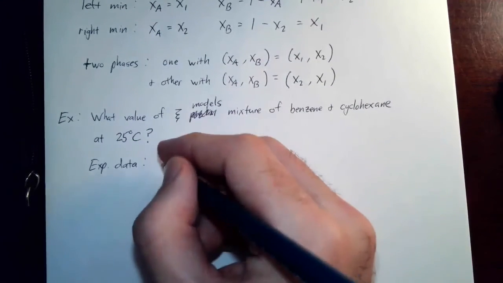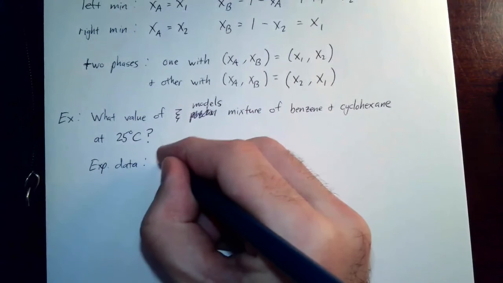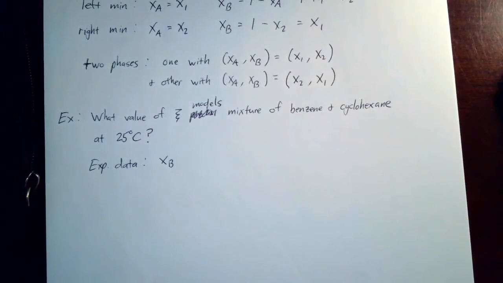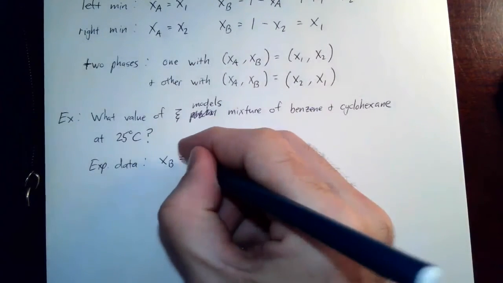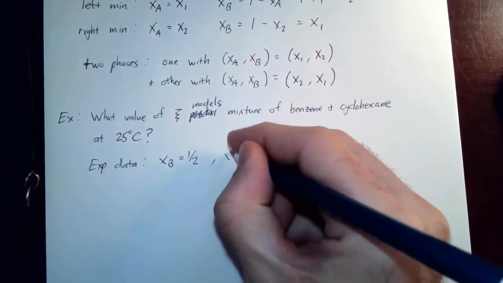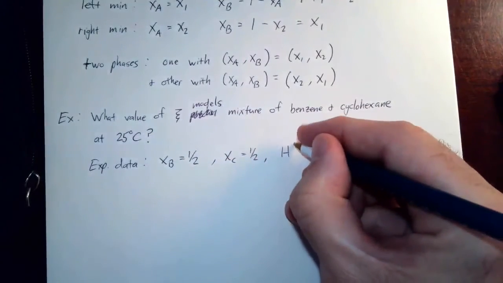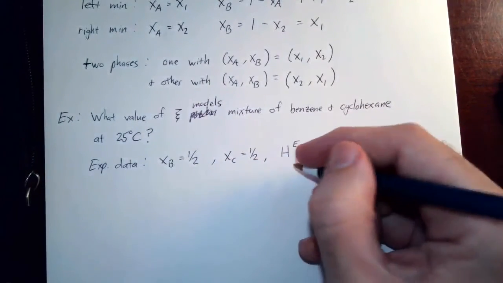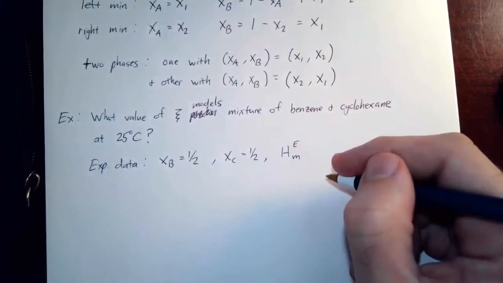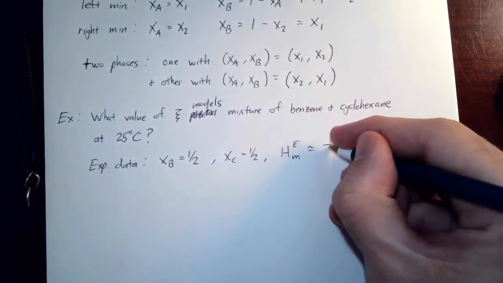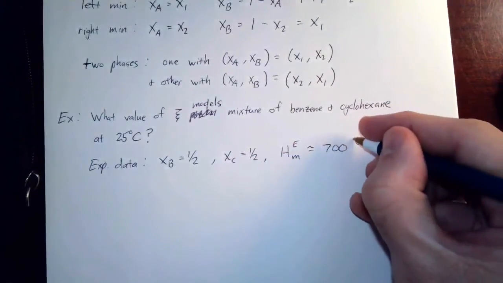So the experimental data tells us that I'm going to call these XB for benzene and XC for cyclohexane are each a half. And in that case, the excess enthalpy, which remember is molar, it's per mole, is roughly 700 joules per mole.